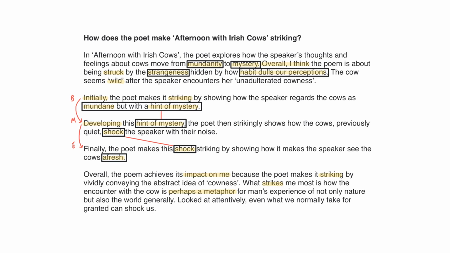For the scene poems, you normally get words like striking, memorable, significant, or moving in the question. That's similar to the unseen poems. The difference is, though, that with the scene poetry, you don't get any bullet points to help you structure your answer. The reason for that is they assume that you know the poems well enough to be able to think of a main theme or idea for each of the three sections, beginning, middle, and end.